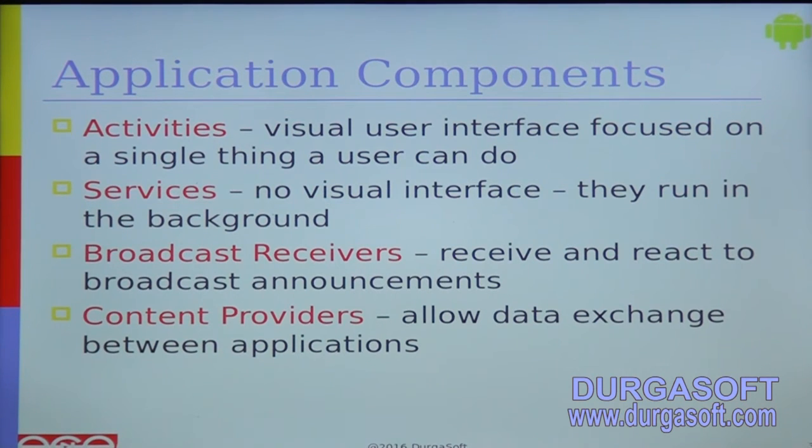Activities have a visual user interface focused on a single thing the user can do. That means the user can access something on the UI. It could be a button, a text box, a text view, or anything that is clickable or linkable. Services do not need a visual interface. They generally run in the background and keep doing any work that has been assigned to them.